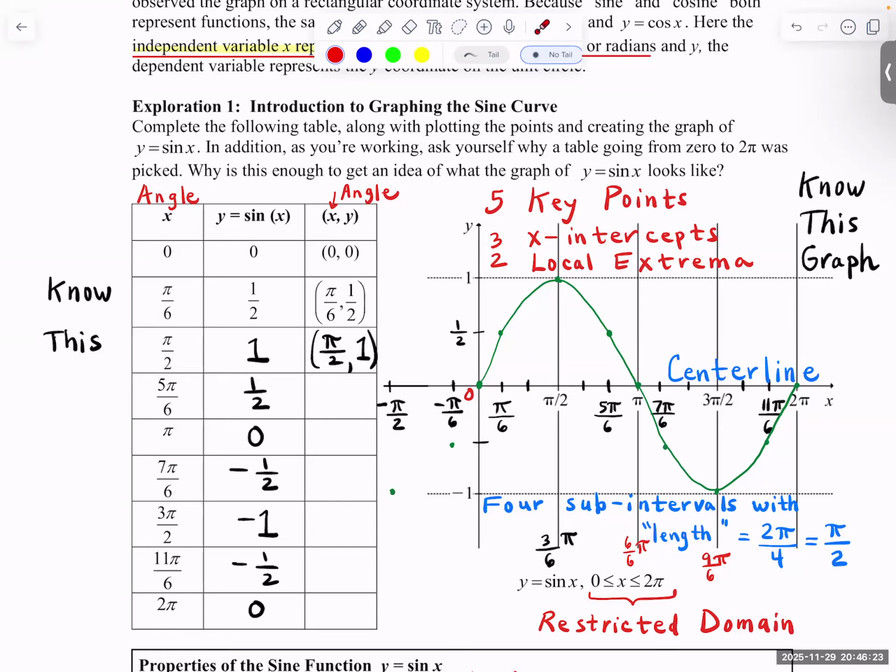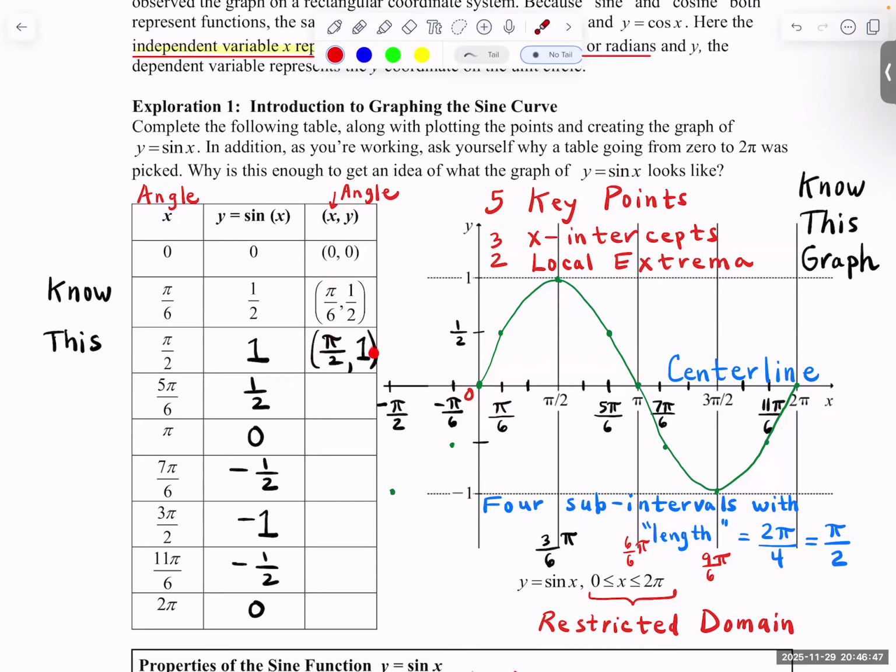Now on the vertical scale, it's marked from -1 to 0 to +1, and the midpoints are +1/2 and -1/2. So to graph pi over 6, 1/2, that will be this point here where the laser pointer is.